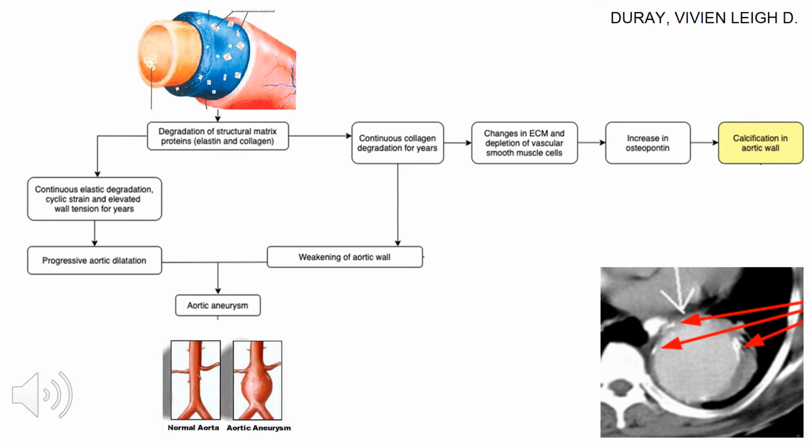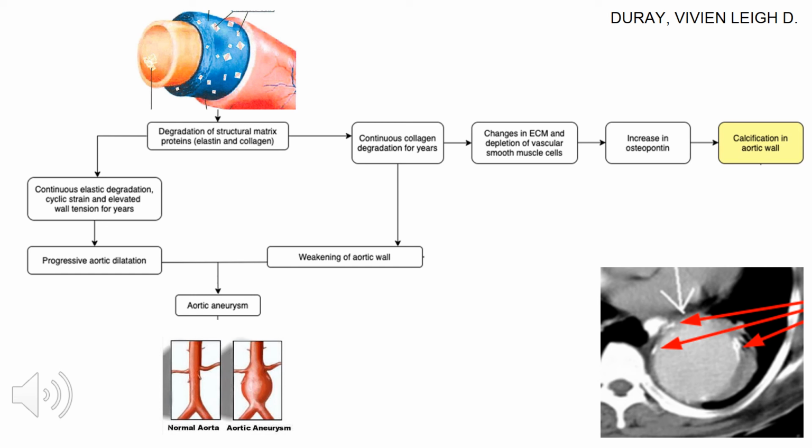To continue the structural matrix protein degradation, on the left side, the continuous elastic degradation, cyclic strain, and elevated wall tension for years will lead to progressive aortic dilatation. As we all know, elastin serves as a medium for pressure wave propagation to help blood flow.